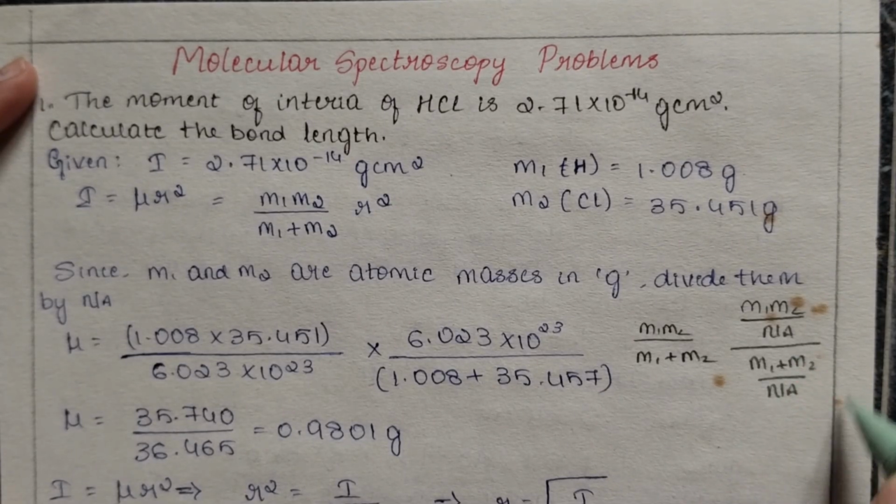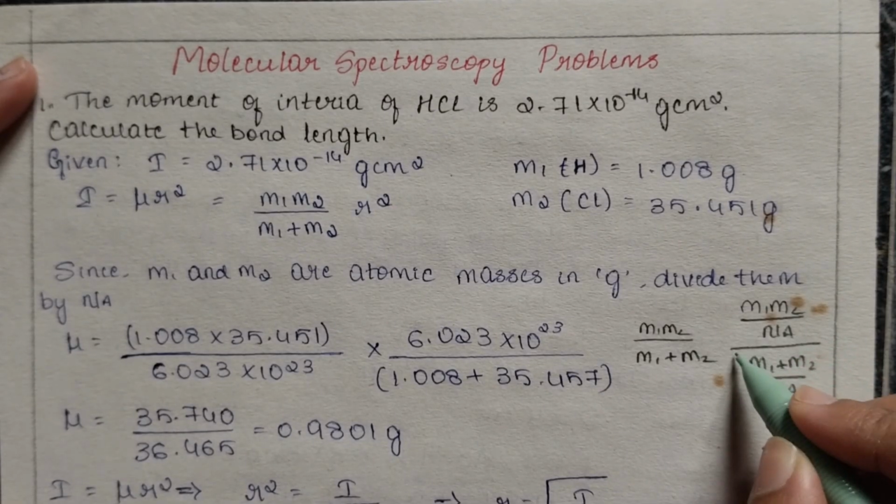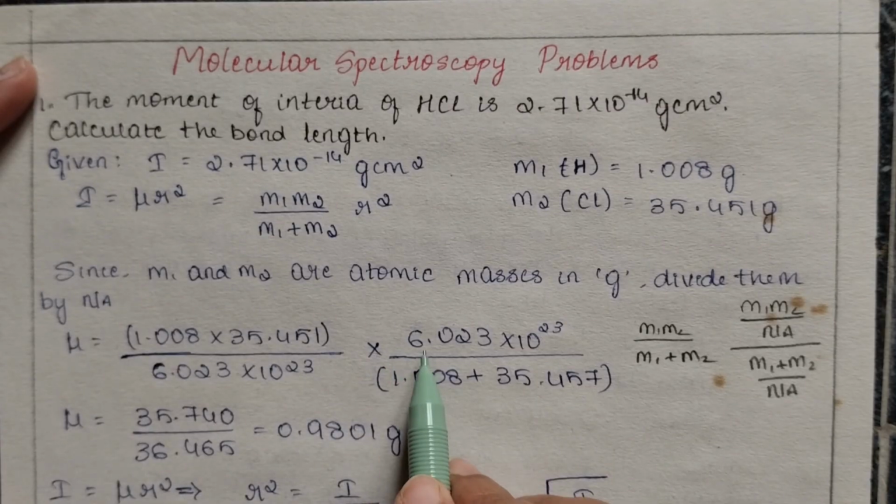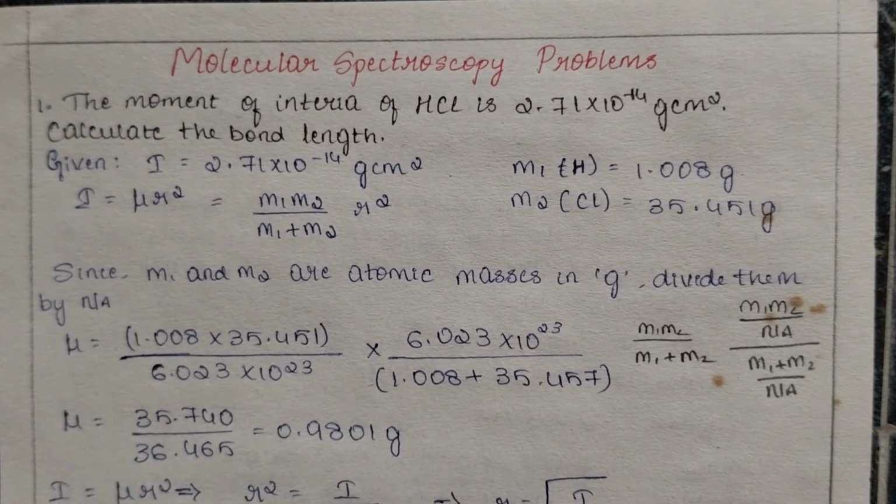Now if we take the reciprocal of this, the division will be converted into multiplication. This is why we have written here mu is equal to 1.008 into 35.451 whole divided by 6.023 into 10 to the power of 23, multiplied by 6.023 into 10 to the power of 23 whole divided by 1.008 plus 35.451.